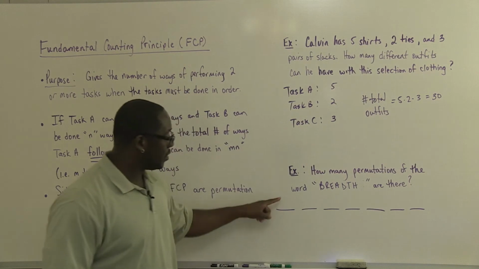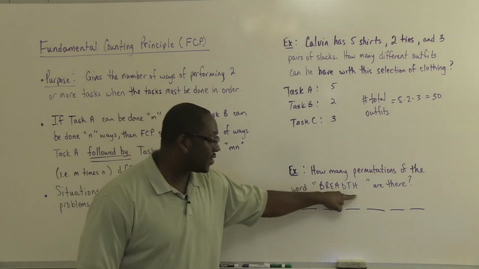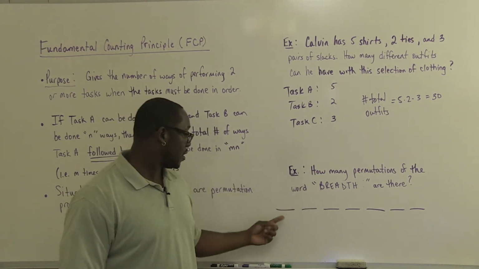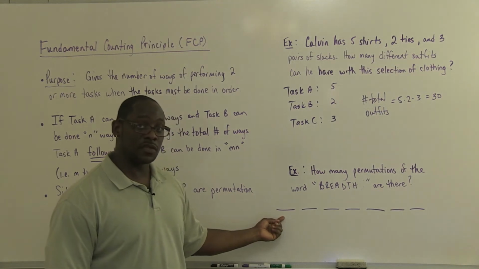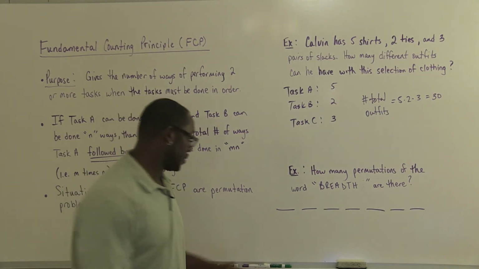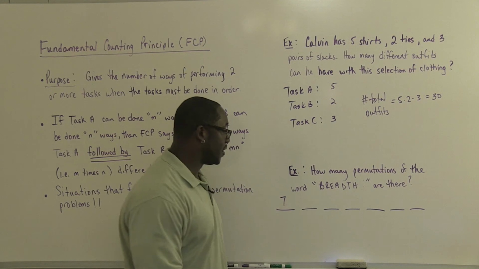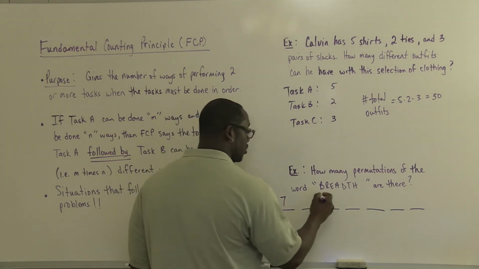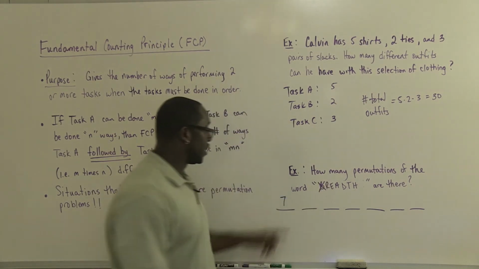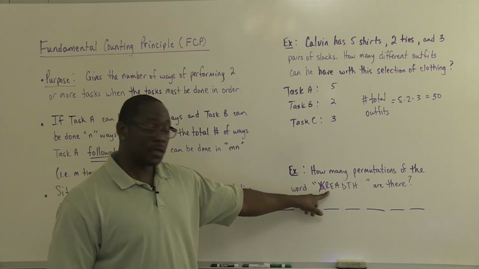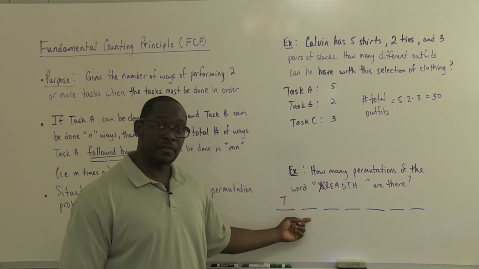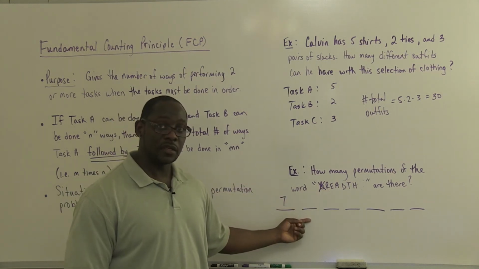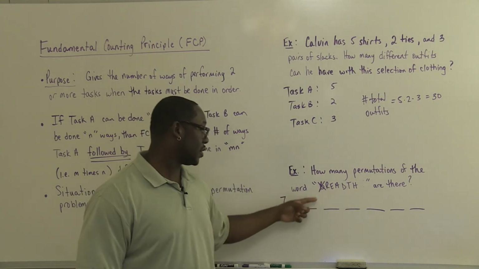So here we notice that out of these 7 letters, if we wanted to choose what's going to be the first letter, we have 7 different choices, okay? But then after we chose that, we can't choose it again. So let's say we chose B, and then we say, all right, well, how many letters do I have left to choose for the second space in the word, or the second letter in the word?